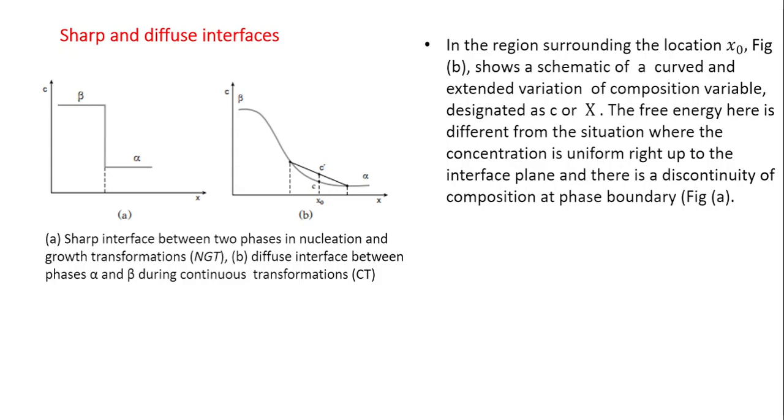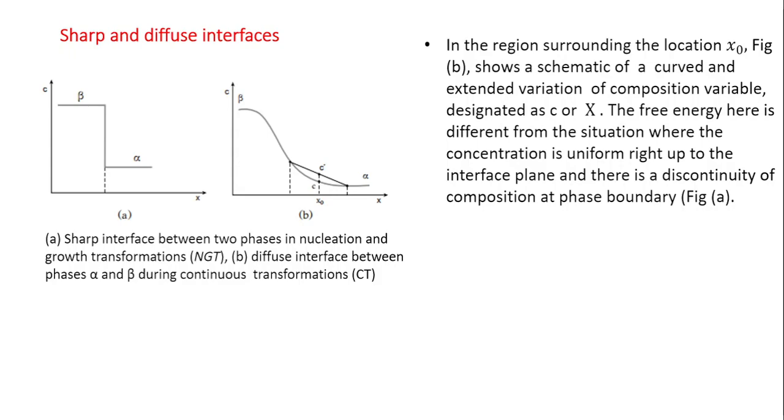In contrast with this, if you consider a sharp interface between two phases, alpha and beta, of a different chemical composition, the composition variable extends right up to the interface, and ideally the interface thickness is 0, and there is a discontinuity in the composition variable at the interface.